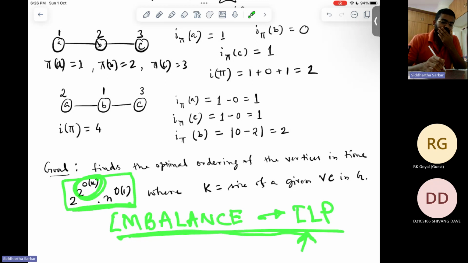Is that understood? So that is the blueprint of how we are going to prove this theorem, or how we are going to achieve our goal.